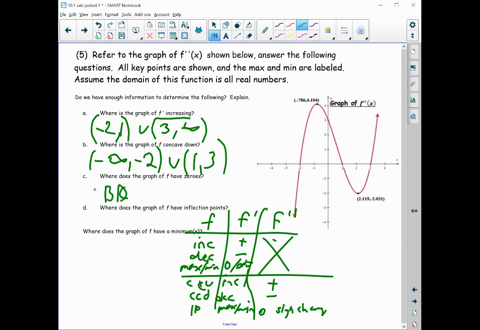Where does the graph of F have inflection points? That I can tell. I'm going to be looking for where there is a 0 on the second derivative graph and a sign change. So that's going to be at x equals -2, 1, and 3. Where does the graph of F have a minimum? Well, that would be a 0 on the F prime graph, but I can't determine anything from the F double prime graph, so this is CBD.